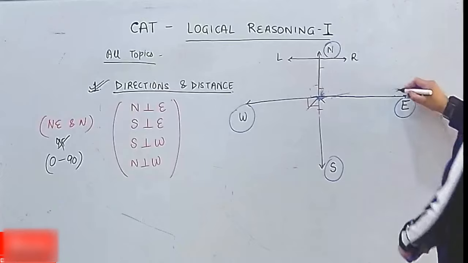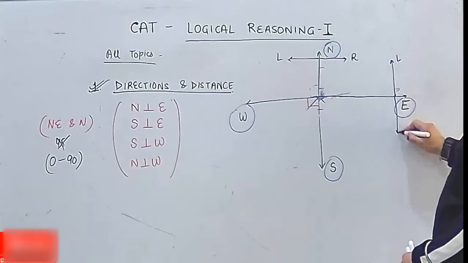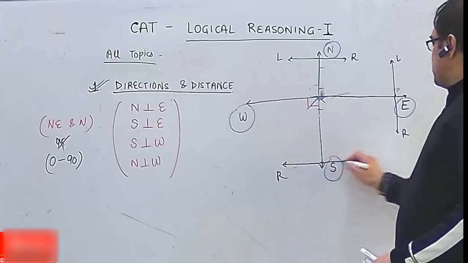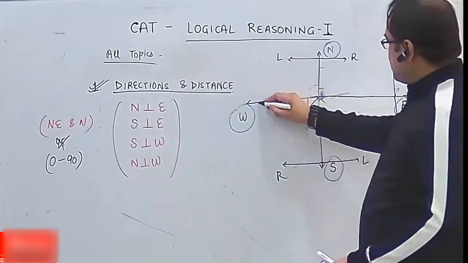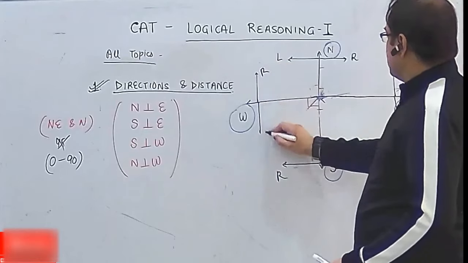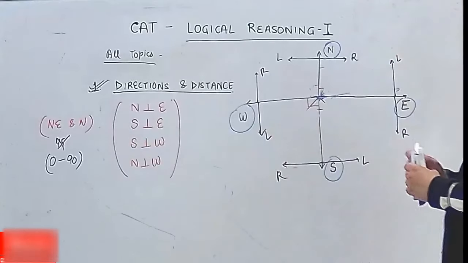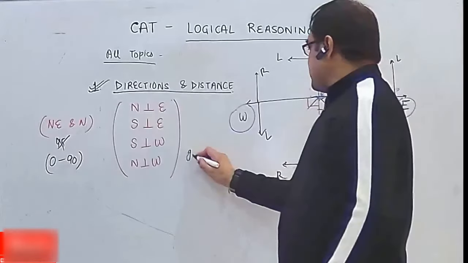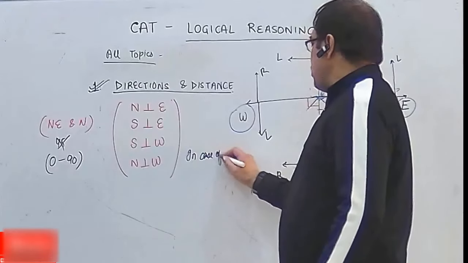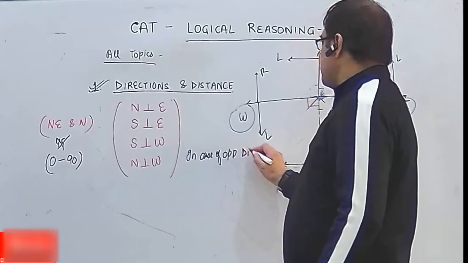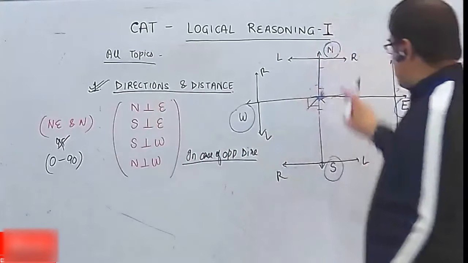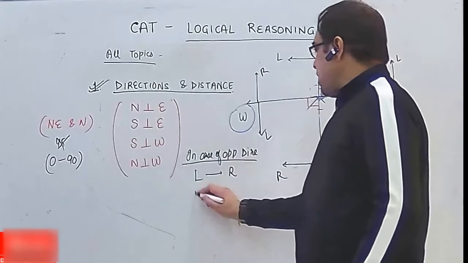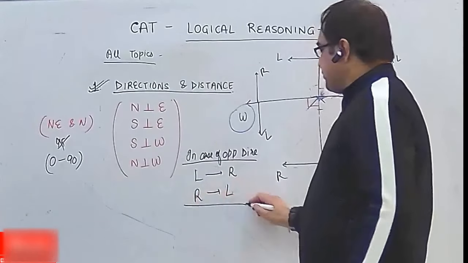And in the east direction, if I am going, this will be left and this will be right. In the south direction, this will be right and this will be left. In the west direction, this will be right and this is left. So we should write down that in case of opposite directions, that is north and south, your left will become my right and my right will become your left.